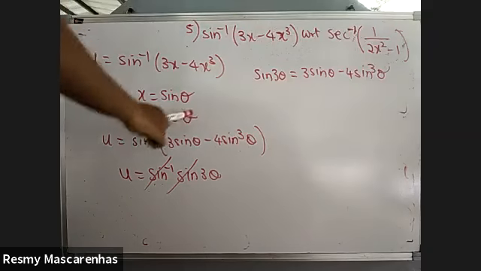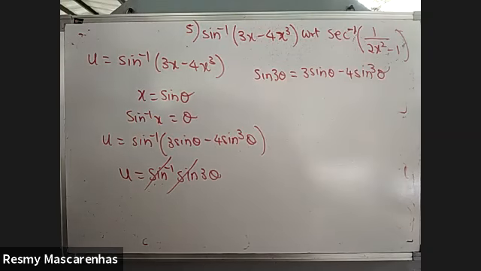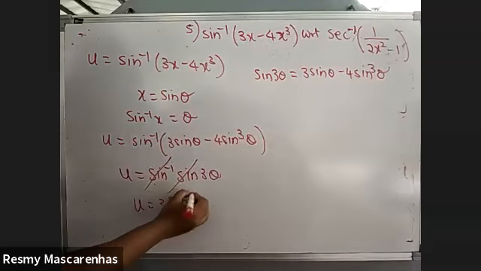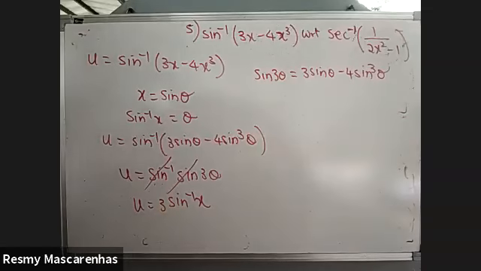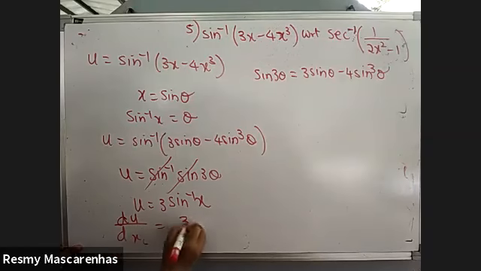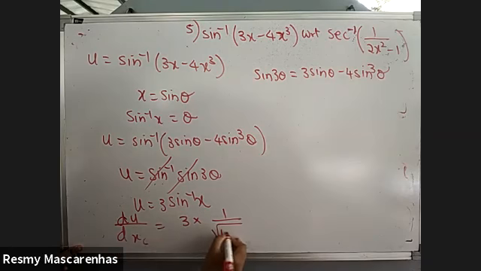Then substitute back theta and find the derivative. So du upon dx will be 3 into the derivative of sine inverse x, which is 1 upon root of 1 minus x square. So this is your answer.